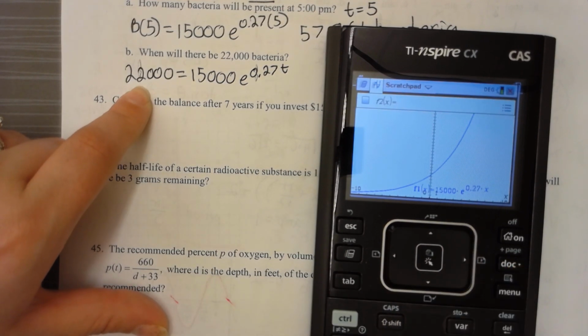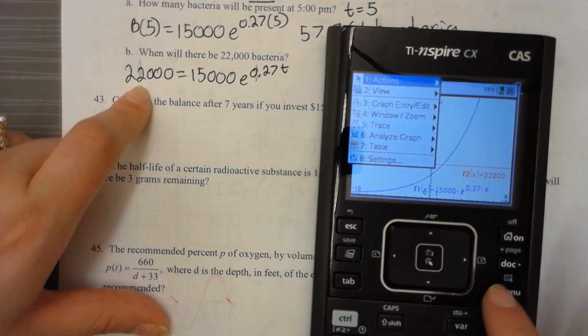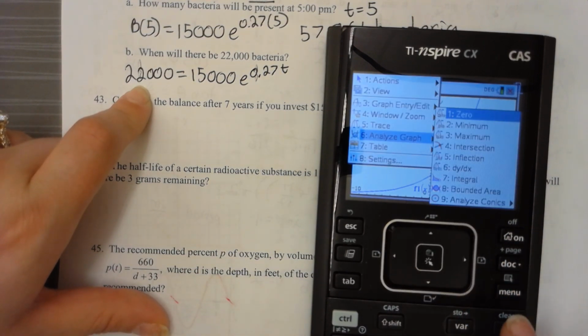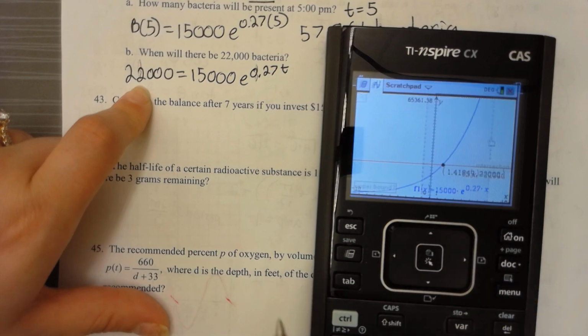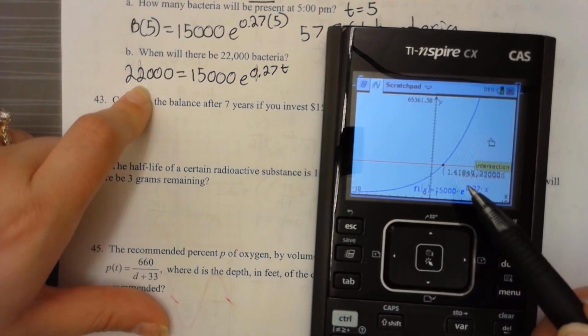So again, we'd hit Tab. We'd type in 22,000. And we should hopefully see that intersection in our window. We'd hit Menu, Analyze Graph, Intersection, click to the left, click to the right, and we should get it here.